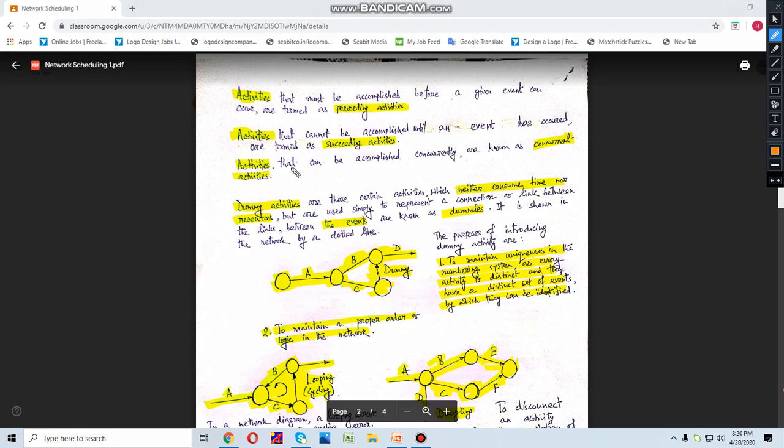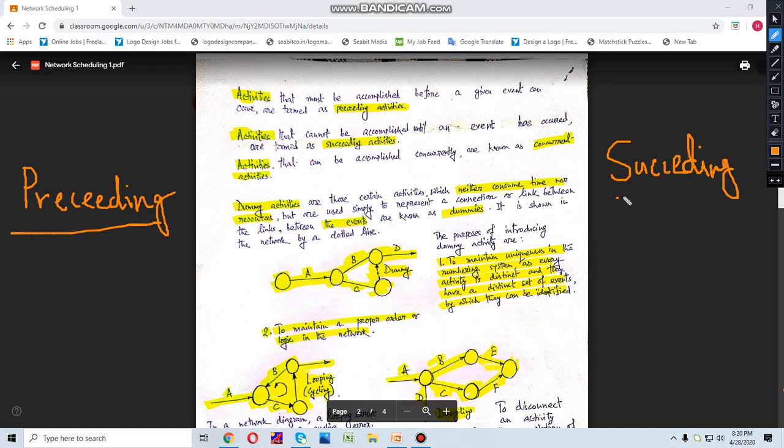Okay. So now we'll be dealing with two different activities: preceding and succeeding activities.